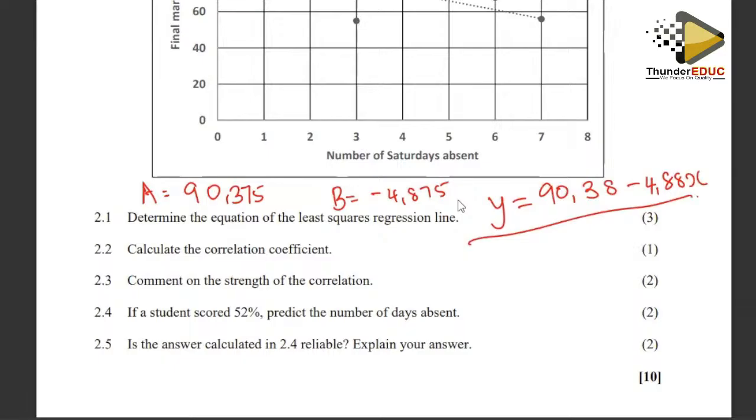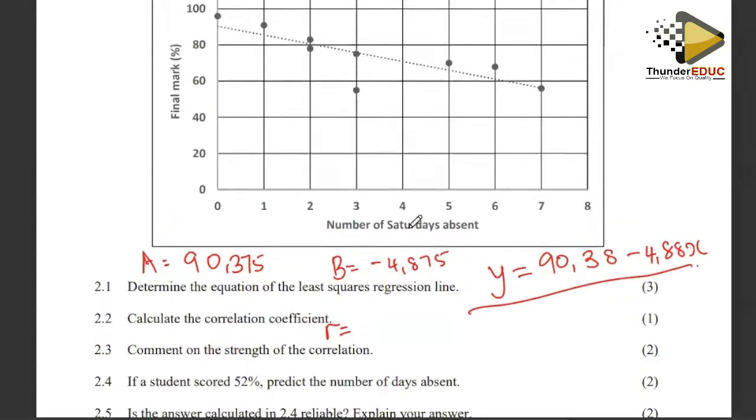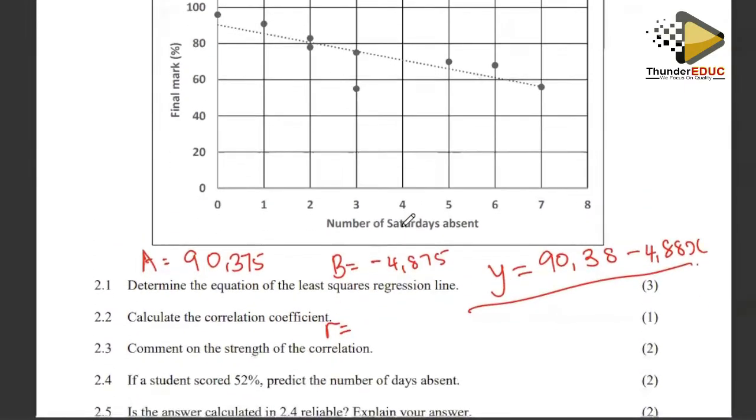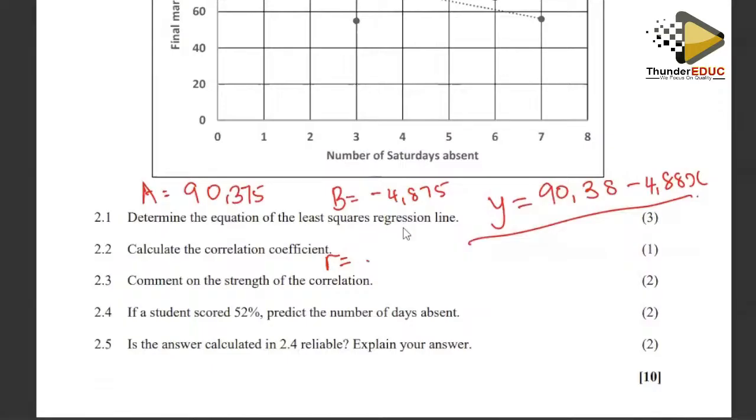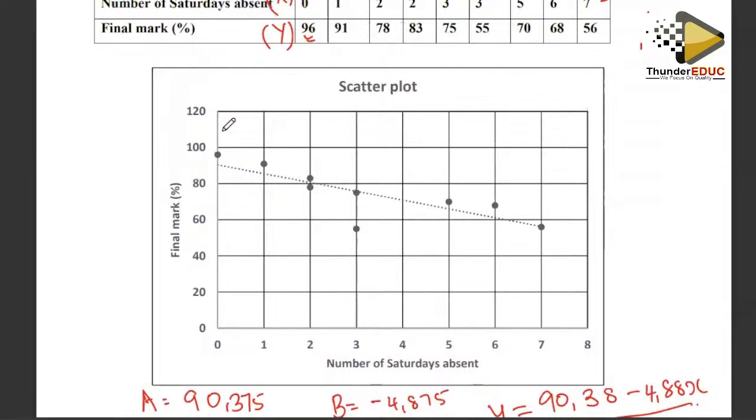So that is the line that they want. Then for us to get the correlation coefficient, remember this can also be obtained from the calculator. So my correlation is negative 0.8. We can add a 0 since we want everything rounded to decimals.